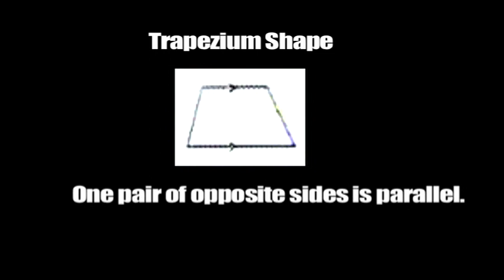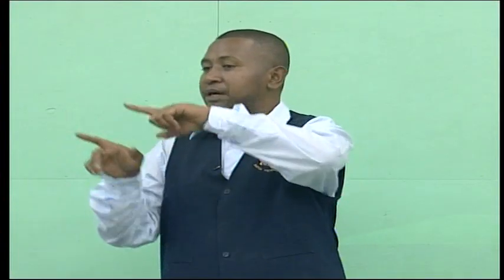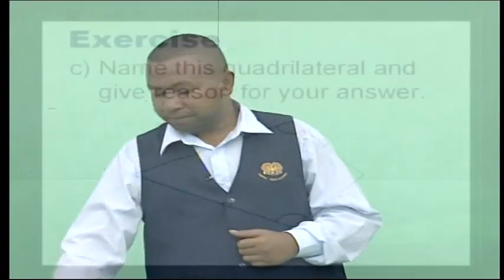Okay? Is that clear? The two arrows running across, those are the opposite sides of the shape, and they are parallel. Meaning that they don't meet but they run side by side. Okay?